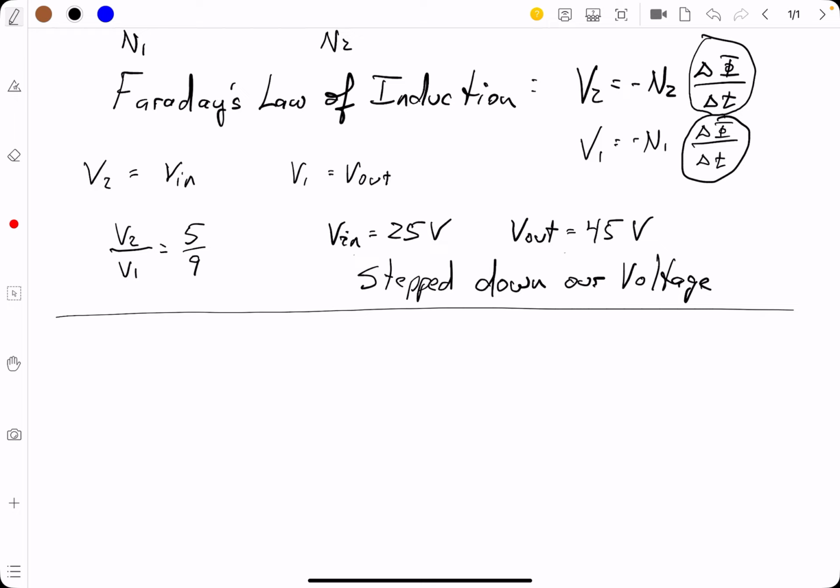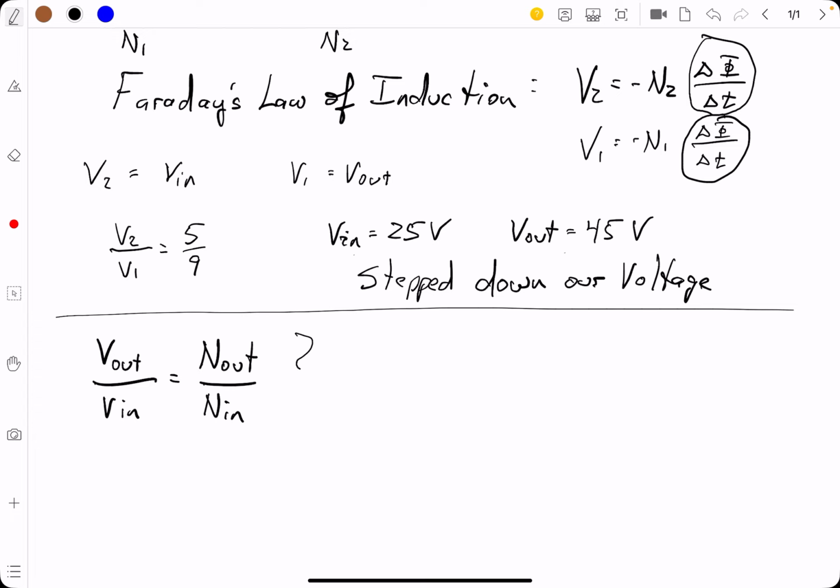So what we can say then is V out over V in is equal to N out over N in. Okay? And no matter what happens, that will work for you. So you don't have to name one side V1, one side V2. You just know which way it's going in. Whether it's a step up or step down will be determined by the number of loops that you have.